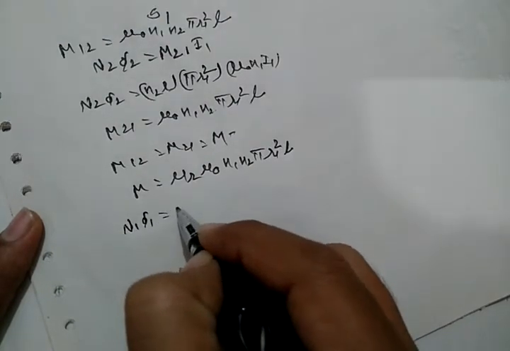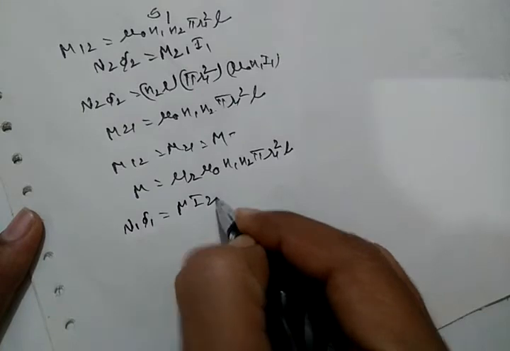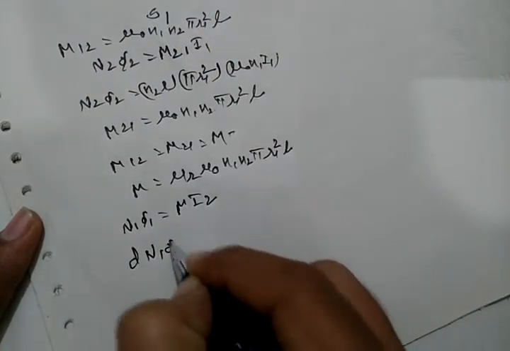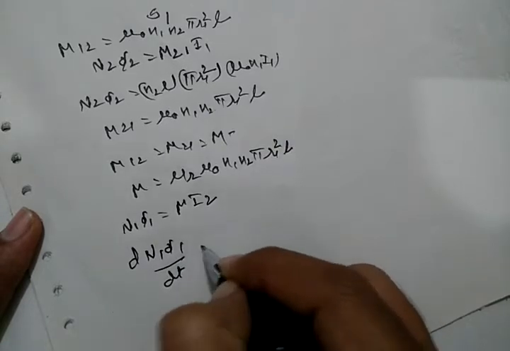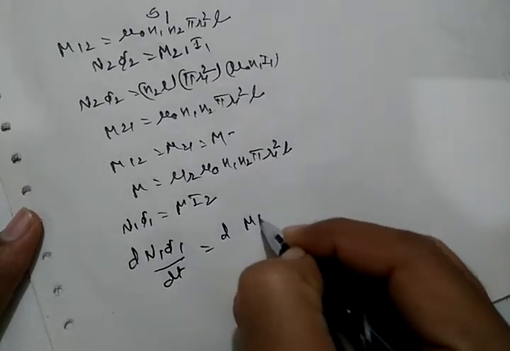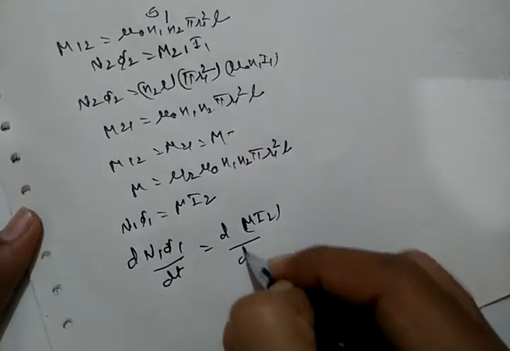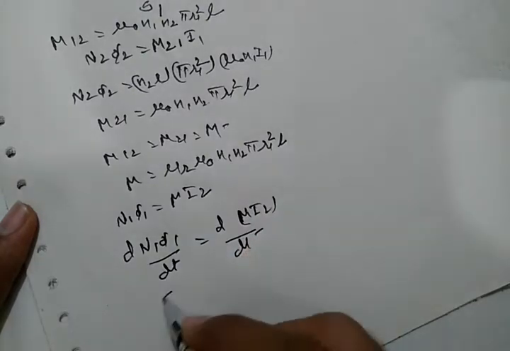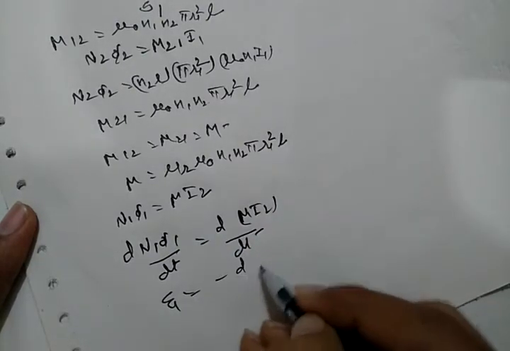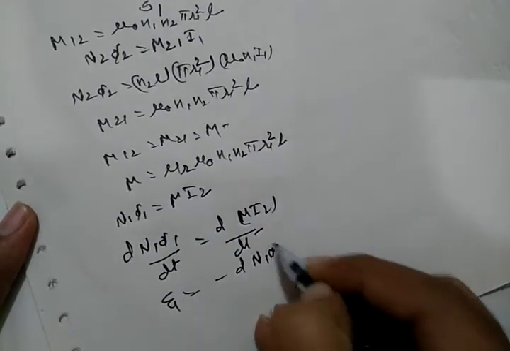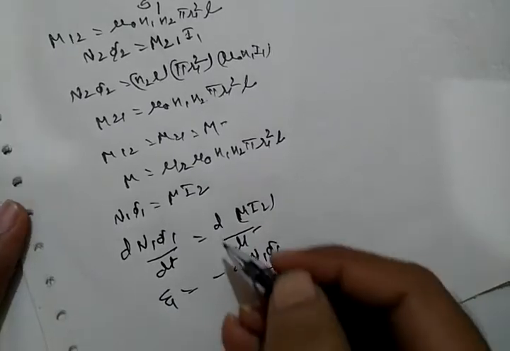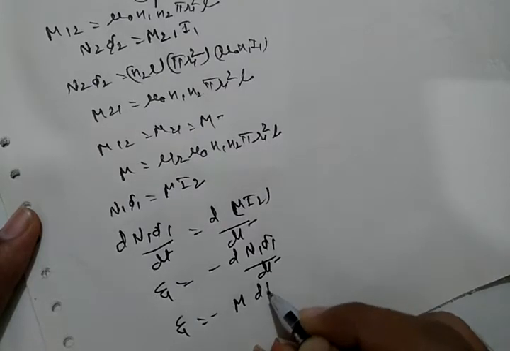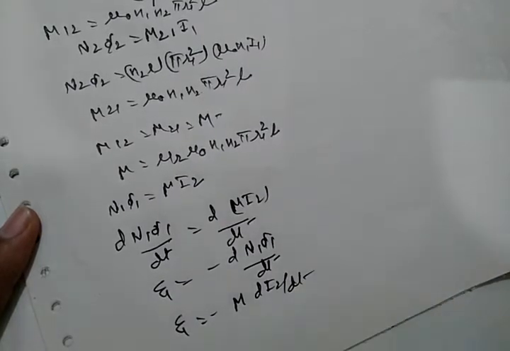So N1 phi1 is equal to M I2. For current varying with time, d N1 phi1 upon dt is equal to d M I2 upon dt. Since the induced EMF in coil C1 is given by E1 equal to minus d N1 phi1 upon dt, we get E1 equal to minus M dI by dt.